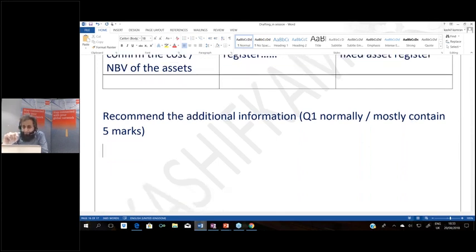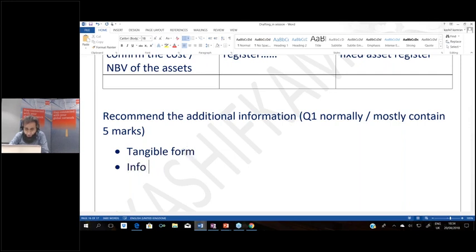Now, this additional information has to be in a tangible form, right? Firstly, the information has to be in the form of tangible, and the information has to come from the case.